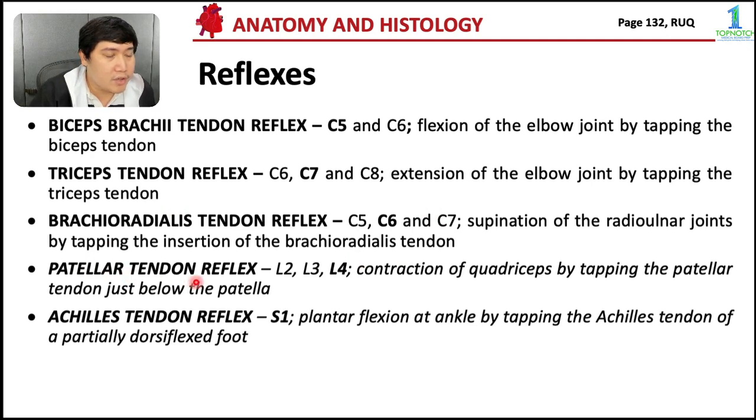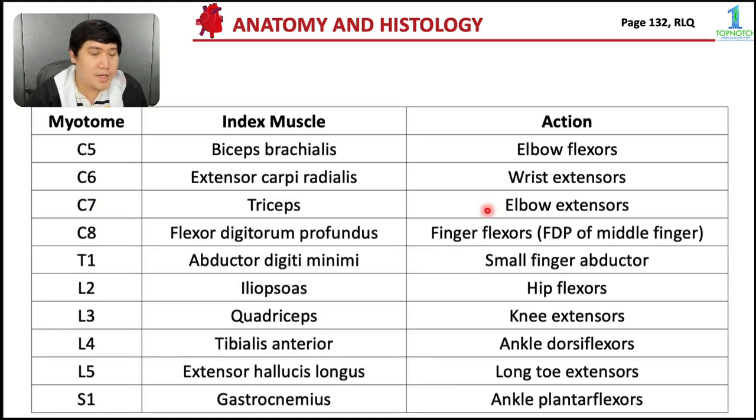For the patellar tendon, it's primarily L4, and for the Achilles tendon, it's S1. Showing here the myotomes, more kinesthetic for memorization. So you do C5, C6, C7, C8, T1.